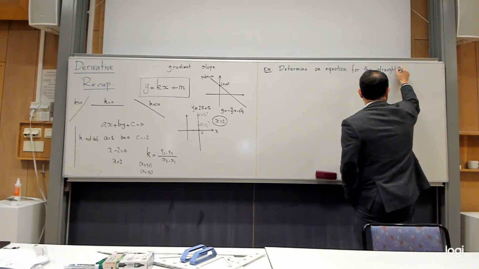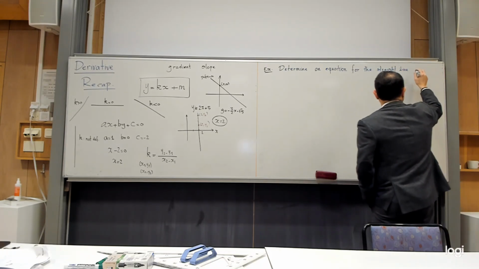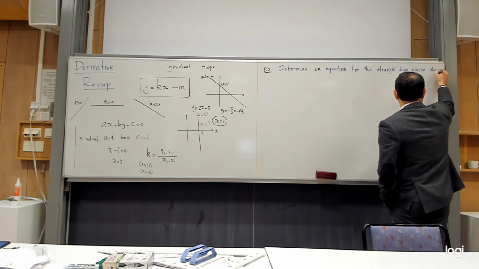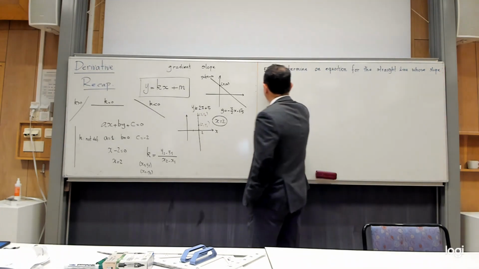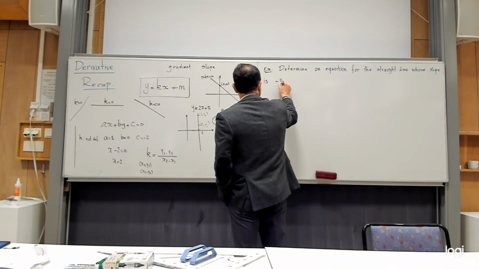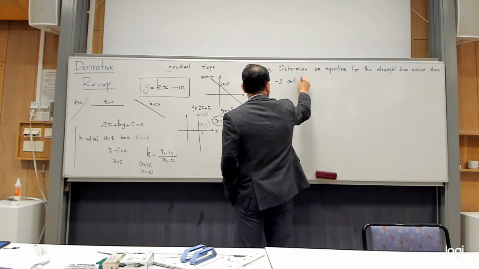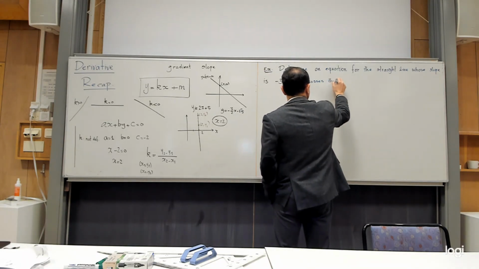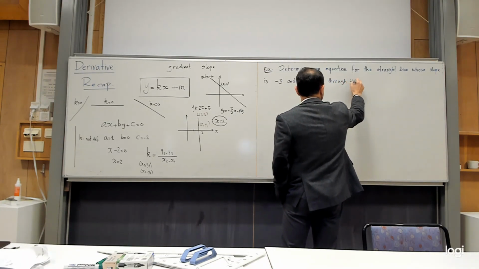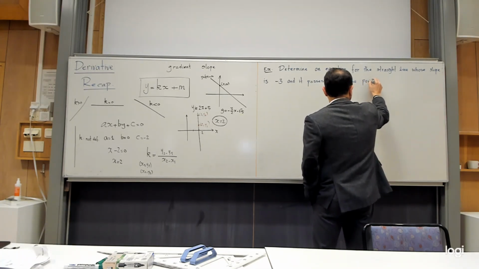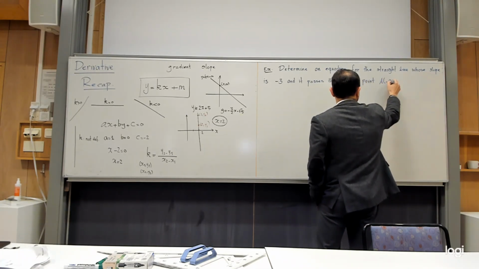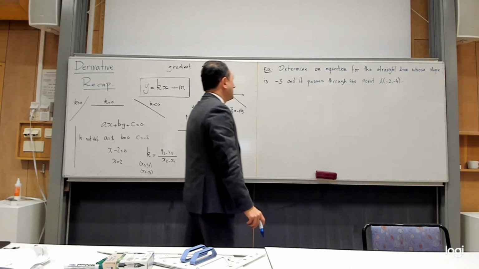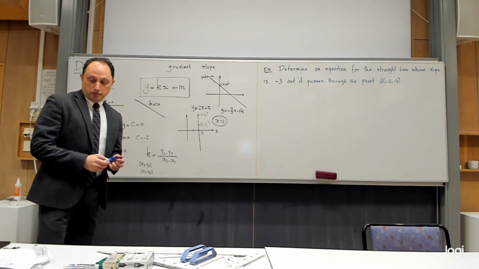For the straight line whose slope is, for example, -3, and it passes through the point, say for example, -2 and -4.